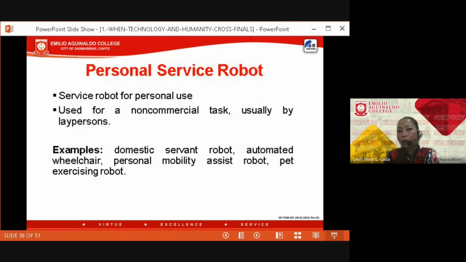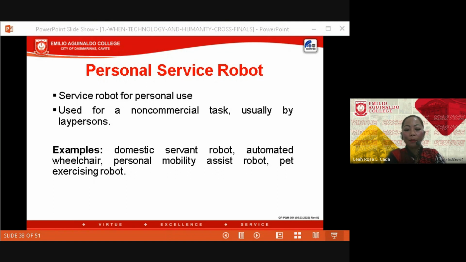Personal service robot, this is only for personal use, and it is usually used for non-commercial tasks. Okay, usually by lay persons. And examples of this include domestic servant robots, automated wheelchairs, just like the one used by, sino ba yun? Yung wheelchair na all around. Tapos may translator pang nakalagay. Wait lang.